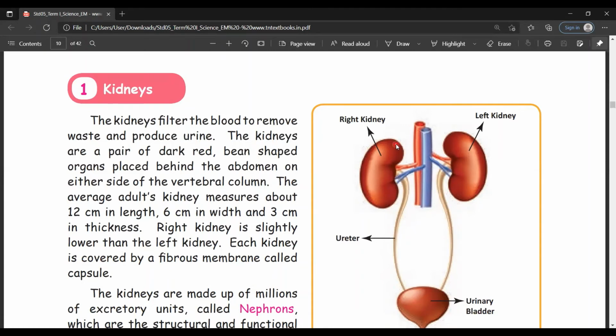You can see the right kidney is slightly lower than the left kidney, and each kidney is covered by a fibrous membrane called the capsule. The size of an adult kidney measures about 12 centimeters in length, 6 centimeters in width, and the thickness is 3 centimeters.